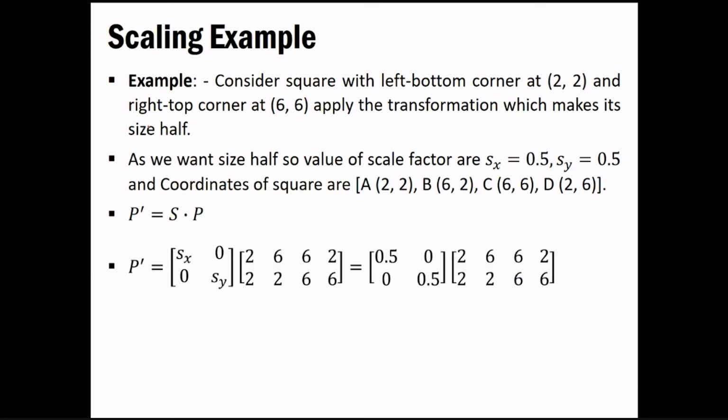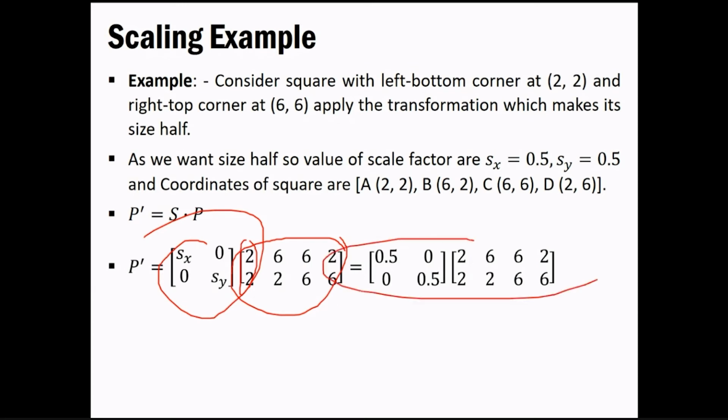Simple thing: take it from the previous scaling equation, the matrix [sx 0; 0 sy], and then put all the coordinates that you have. In our case we have (2, 2), (6, 2), (6, 6), (2, 6). Put them in column vector form and simply multiply. The resultant thing is the scaled object.